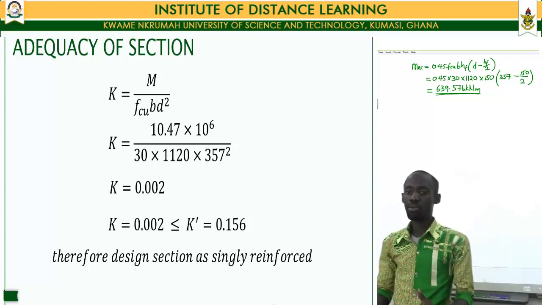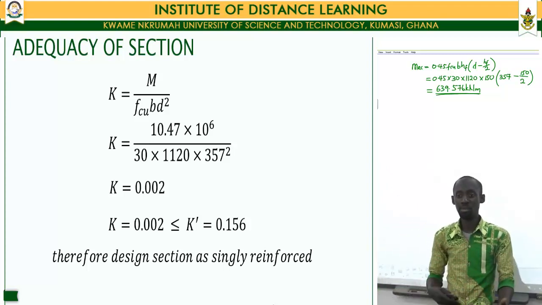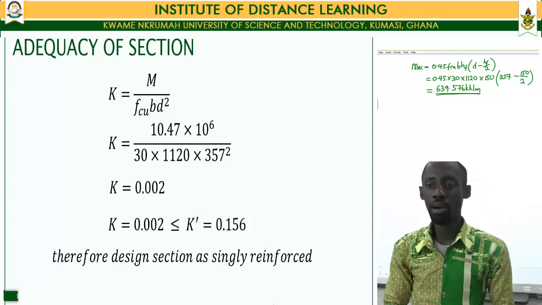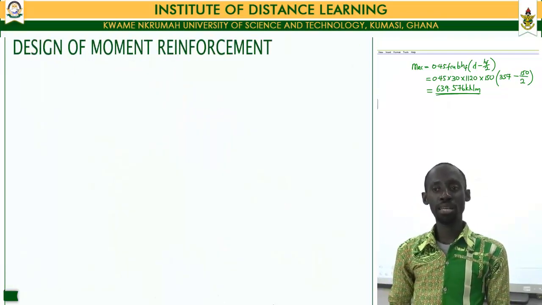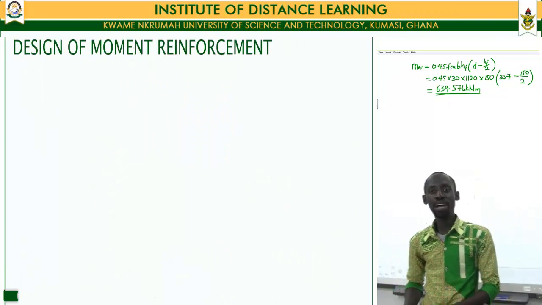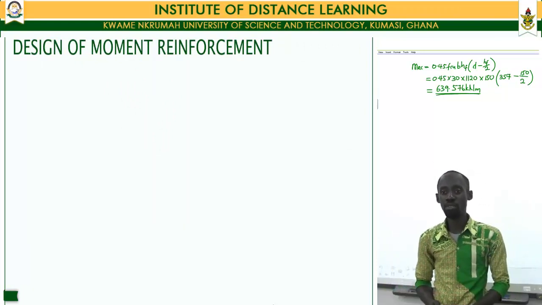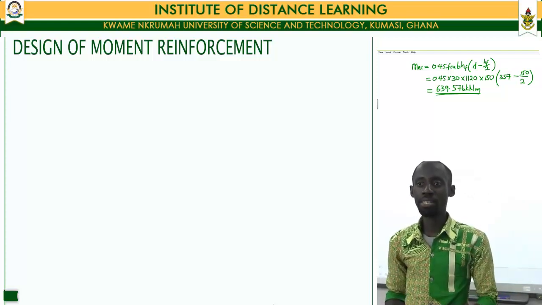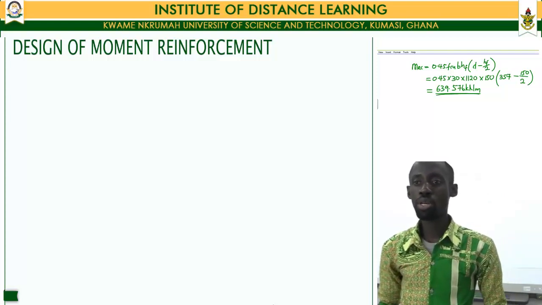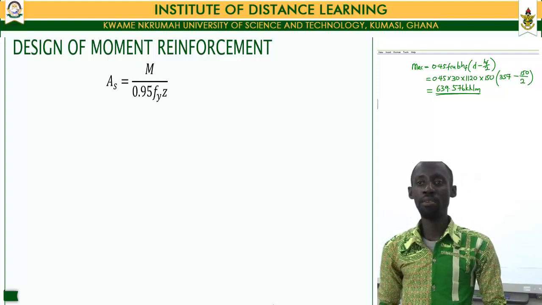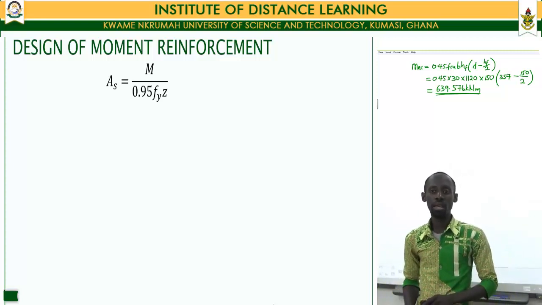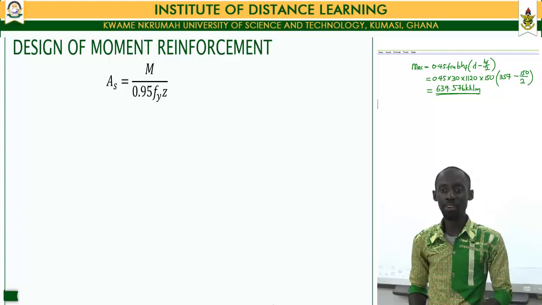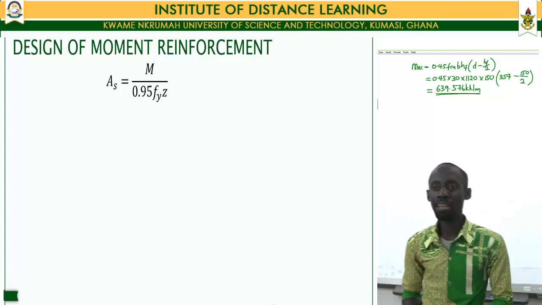Now, having determined that we are supposed to design our section as a singly reinforced section, we can move ahead and calculate our area of reinforcement, or as we did for the slab, design for our moment reinforcement. In finding the area of reinforcement, as we did in the rectangular section for the slab, the formula was our moment divided by 0.95 multiplied by our grade of steel multiplied by our lever arm.